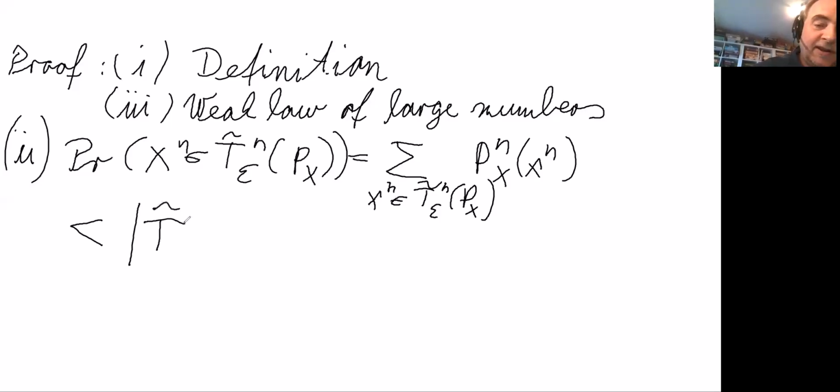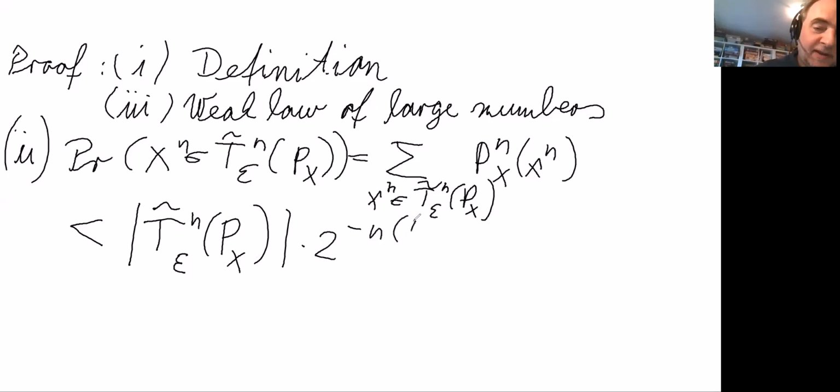So we have here the number of typical sequences times, and each we estimate because we want to have here the smaller by 2 to the minus n of h of x minus epsilon.